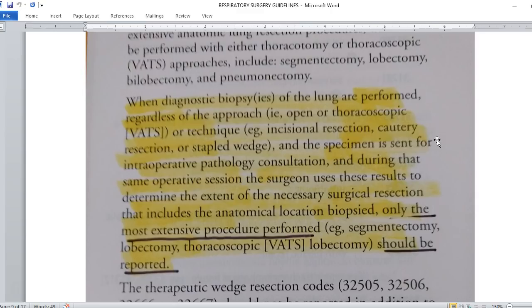So this is just like when we're doing the malignant lesion removals from the body, okay? When the patient is still on the table and we've gotten back the intraoperative pathology and we have to go back in and remove more tissue, we only code it once to the final one, whatever the final procedure was. So again, the most extensive procedure is the only one that will get coded when we're going back in after intraoperative pathology.